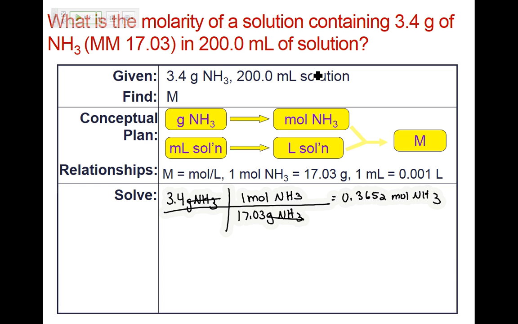So we have 0.3652 moles of NH3, and we need to figure out our volume of our solution in liters. We have our volume of our solution in milliliters right now. Once we have our volume and our moles in the correct units, now we can figure out our molarity.